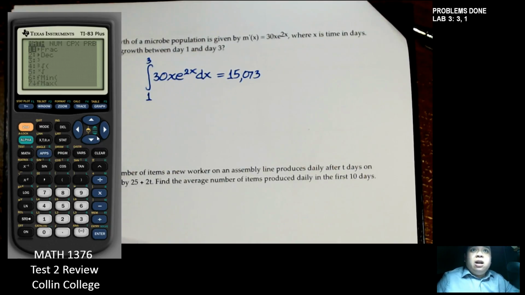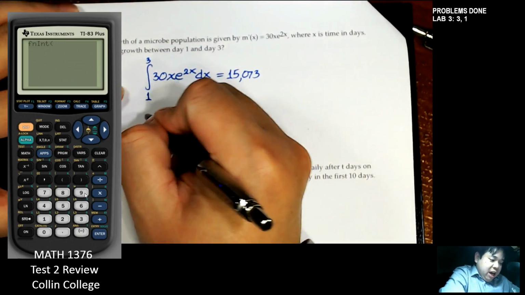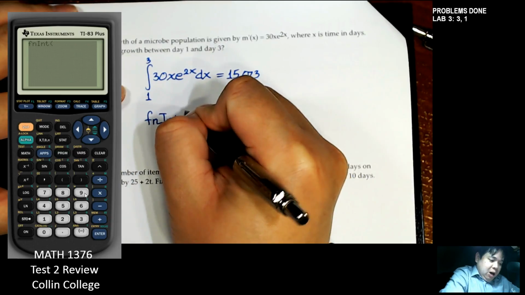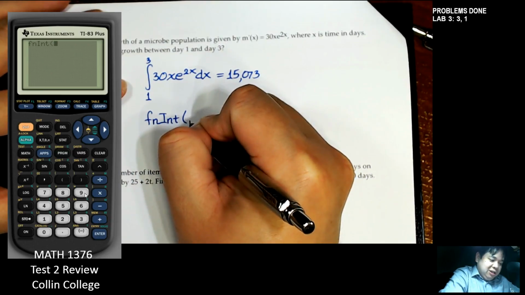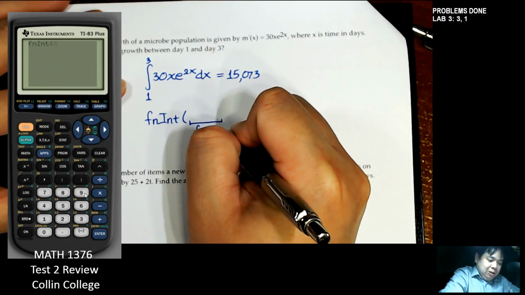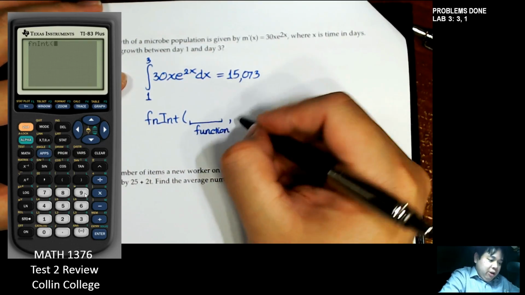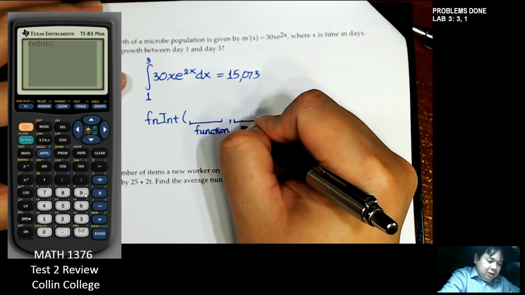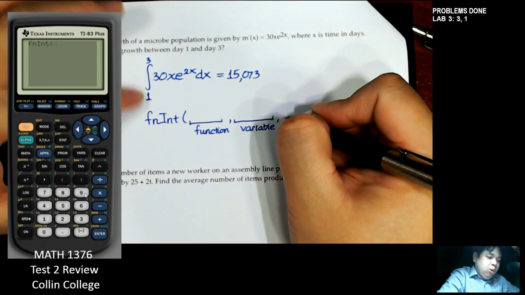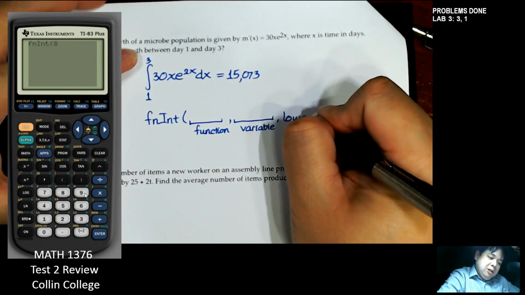This will be the same math option, I believe, still number 9. The syntax in that case: we're going to enter the function, and then the variable, and then the lower and upper limit.